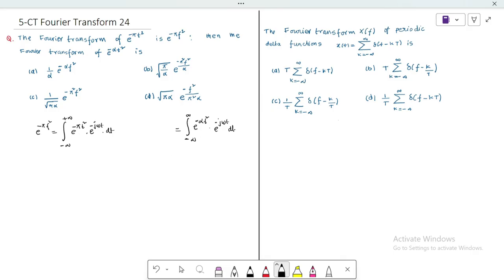Now my intention is to change this expression to this expression.